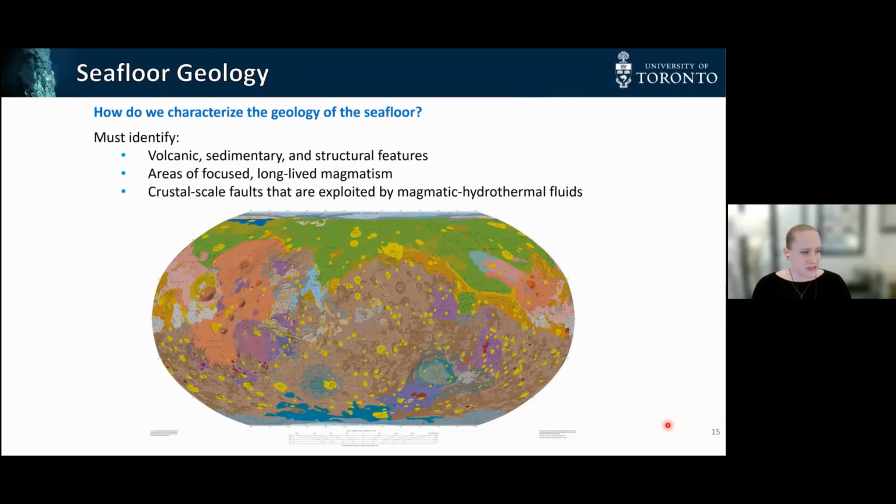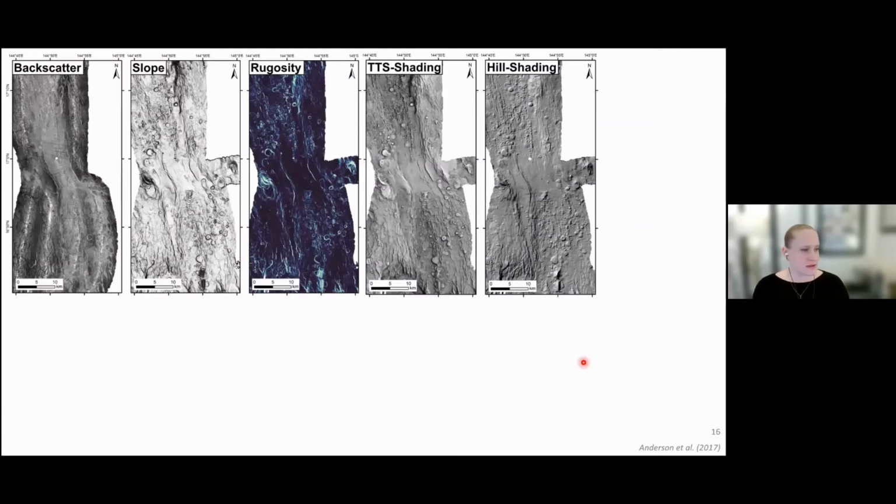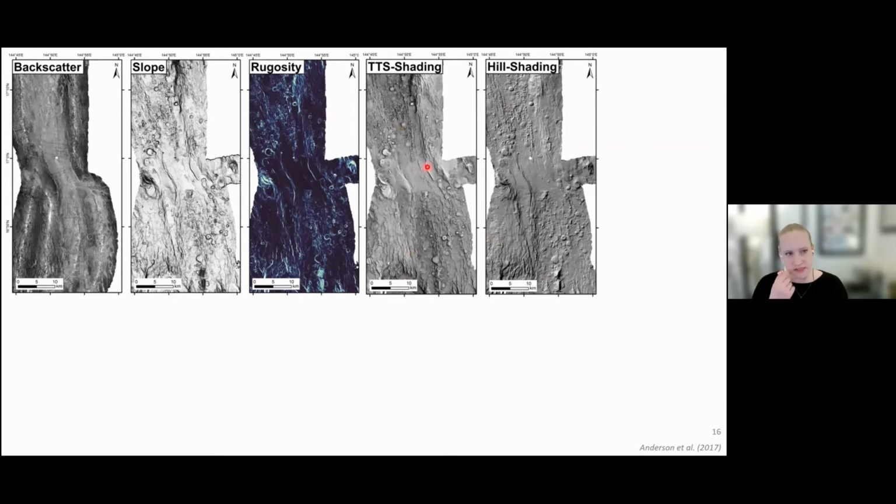So our main tool is our bathymetry. We can process our bathymetry in different ways. We can use traditional hill shading, or what we use more commonly is terrain texture shading to eliminate the directional light source.